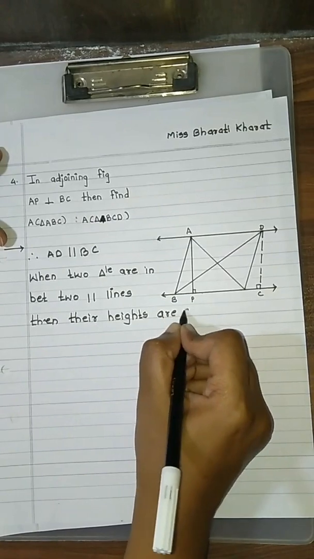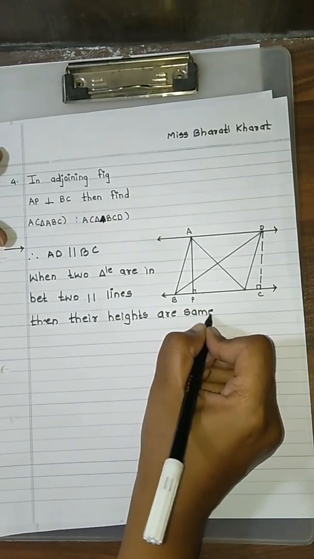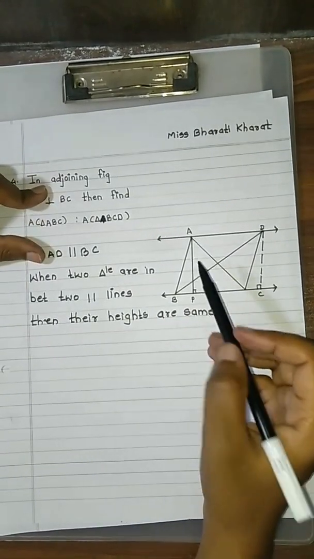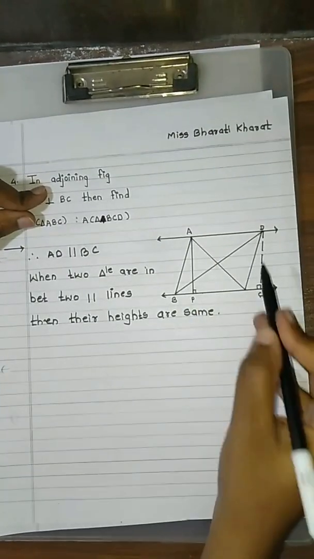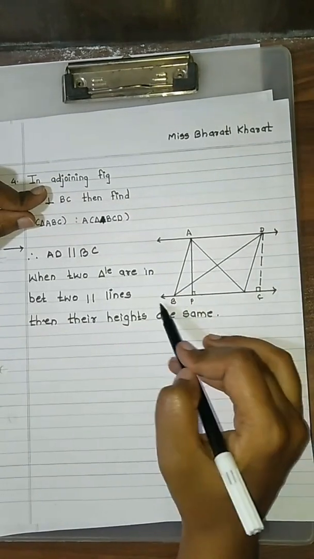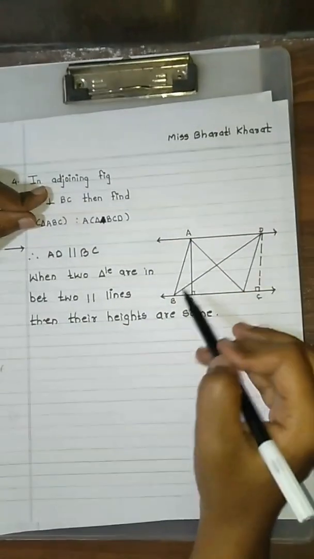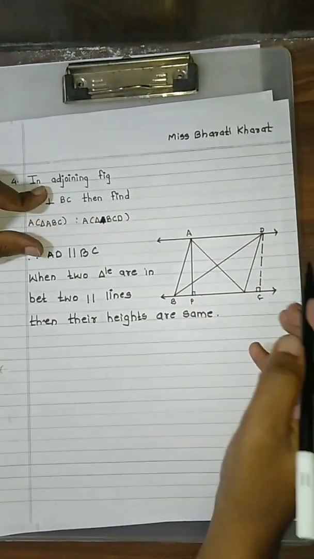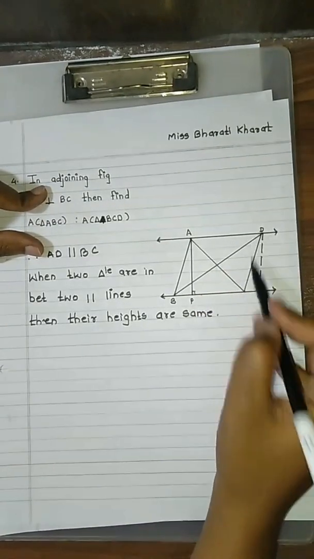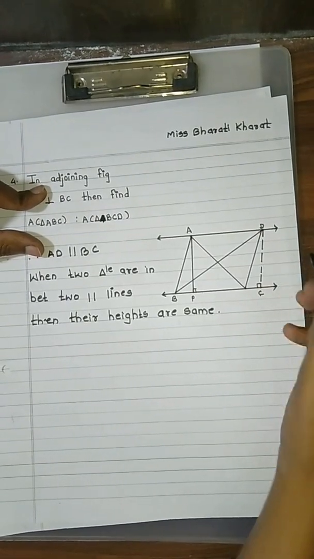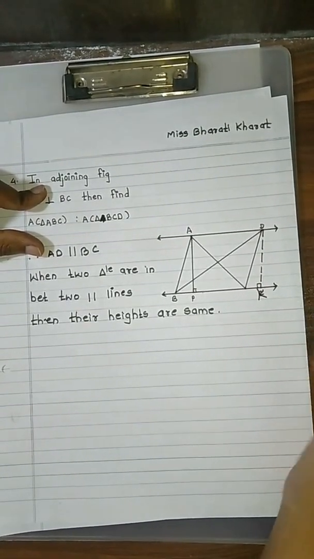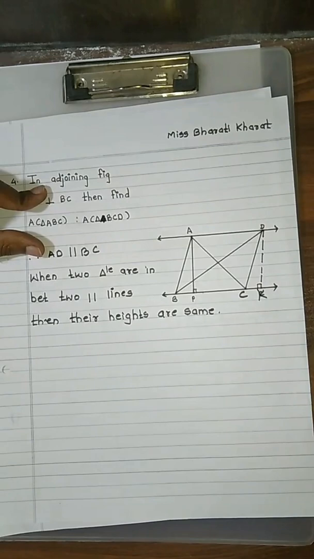That means you can see that triangle ABC and triangle BCD lie in between two parallel lines, that is BC and AD. Therefore their height is same. In order to show this height, we have constructed here DK.